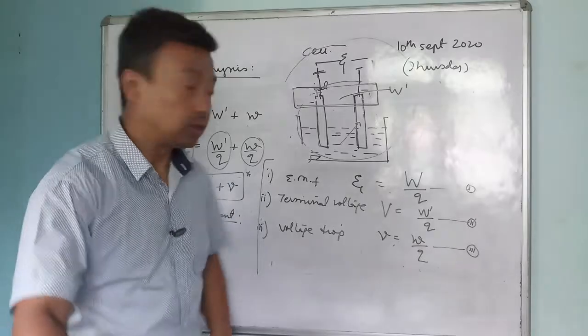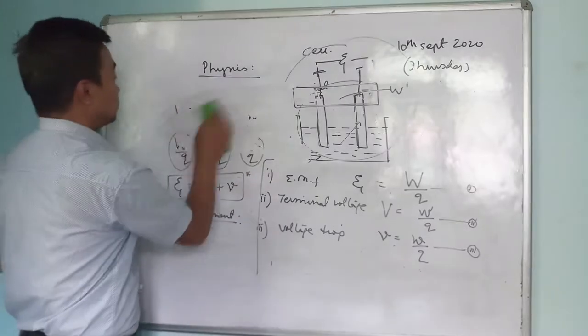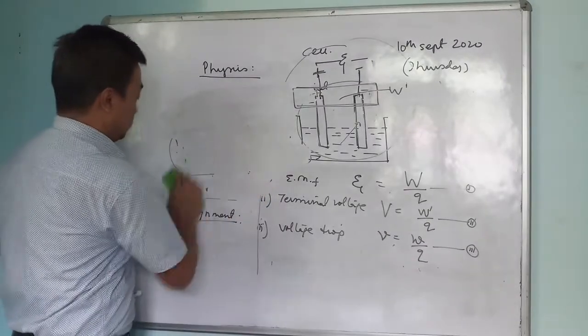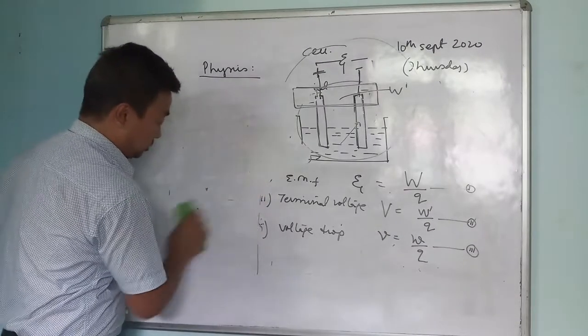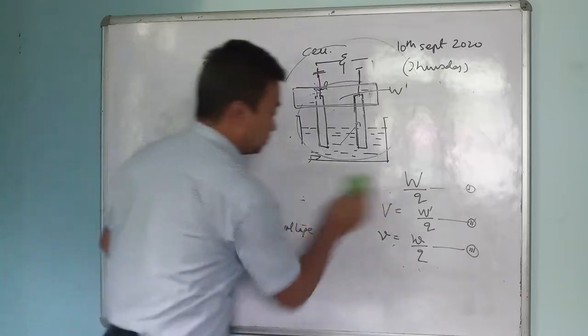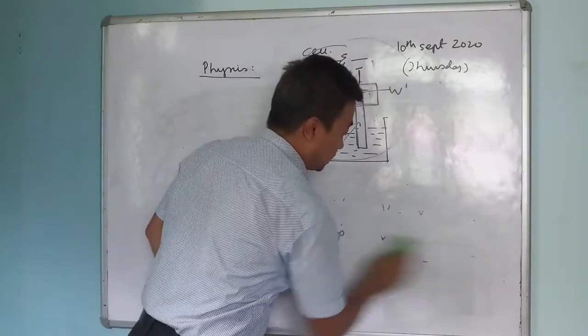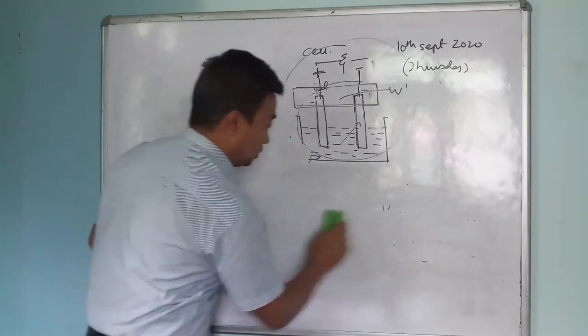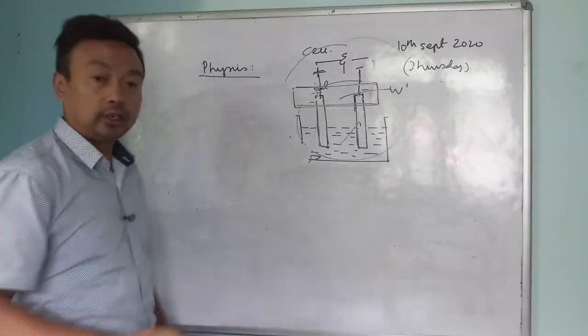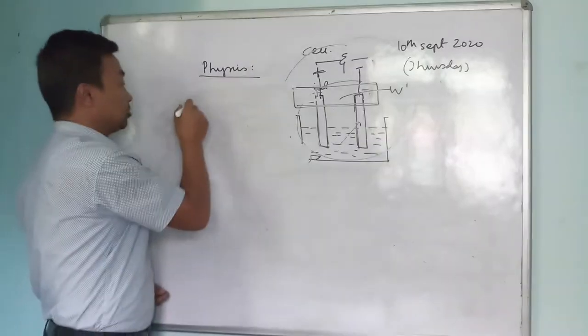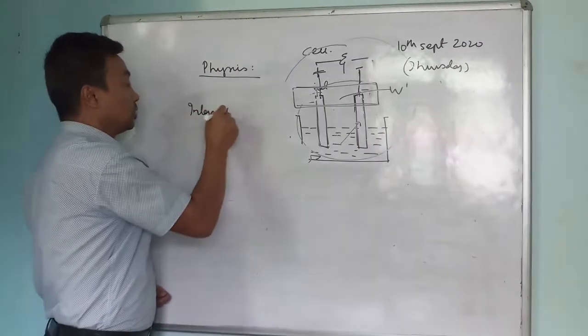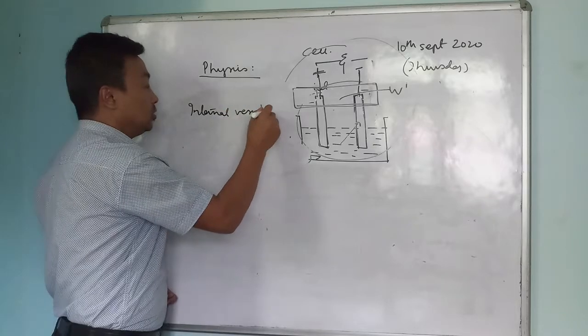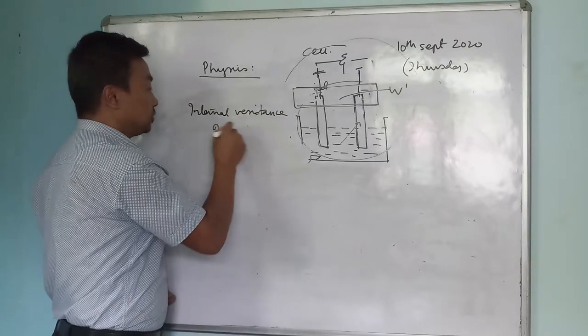Okay, let me complete that quickly now only. So the next topic I'll be discussing before I wind up of today's class. So write down the last topic for the day, that is internal resistance of a cell.